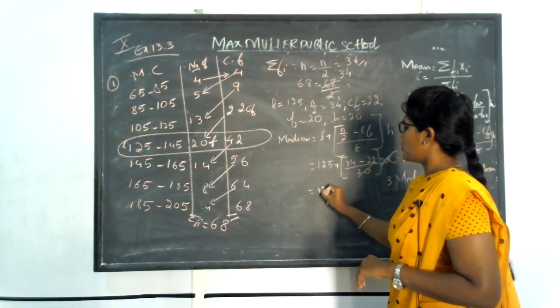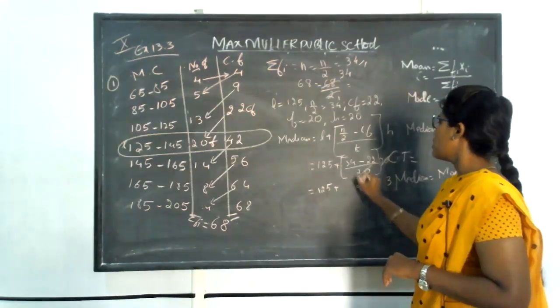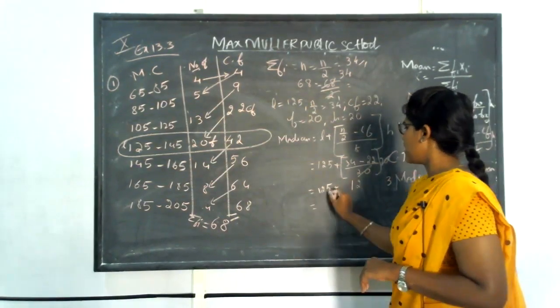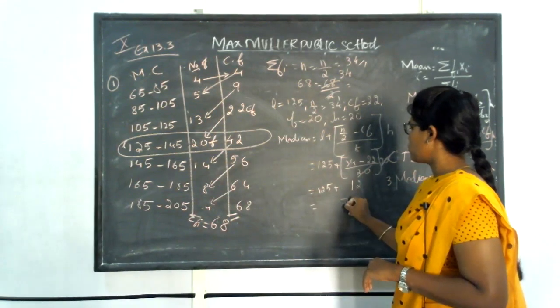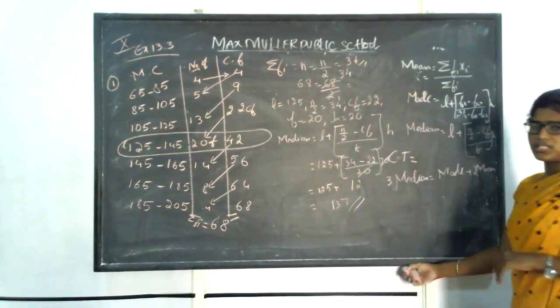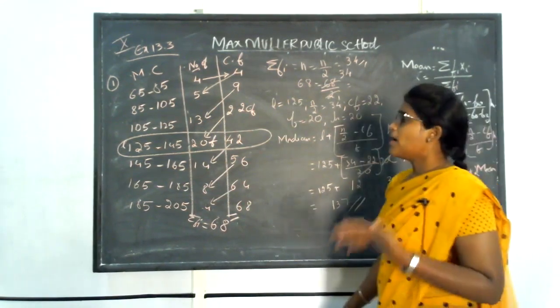You'll be left with 125 plus 12. 4 minus 2 is 2. 3 minus 2 is 1. So 5 plus 2 is 7, 2 plus 1 is 3, 1. You have median as 137. That is 137 is your median.